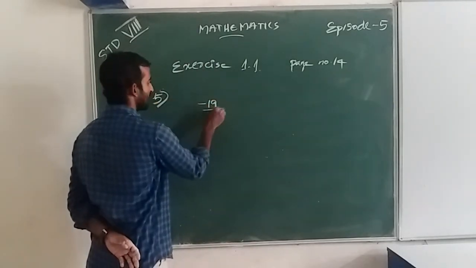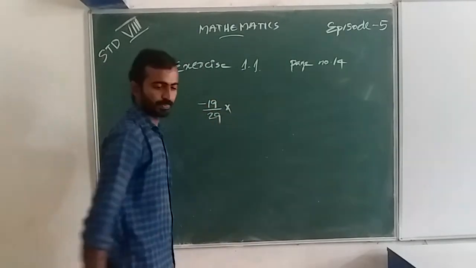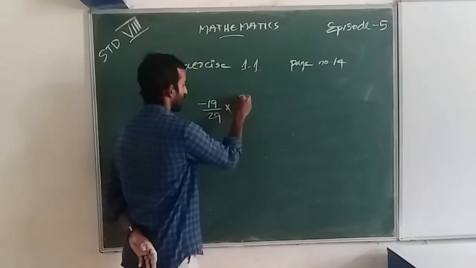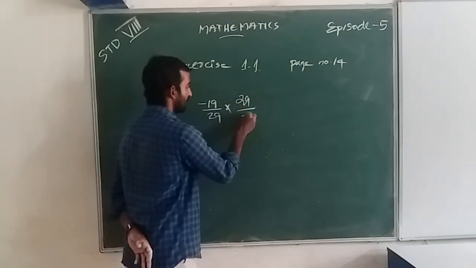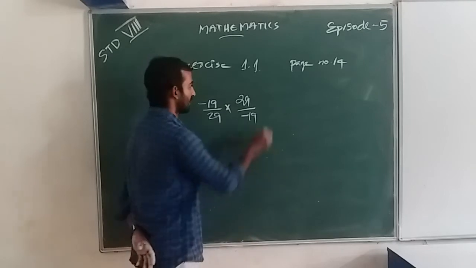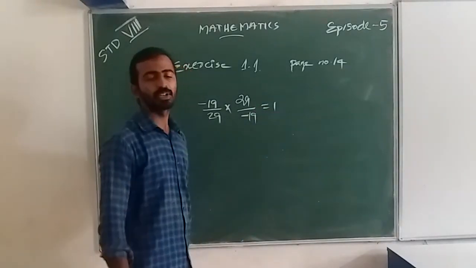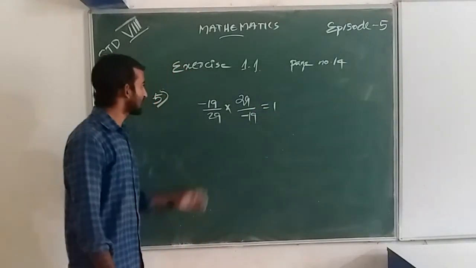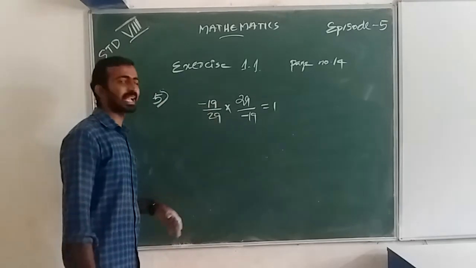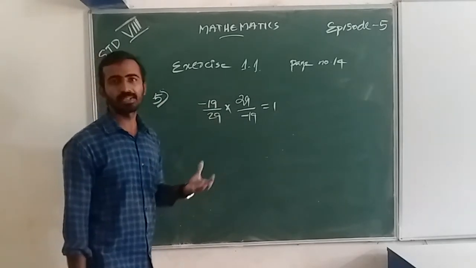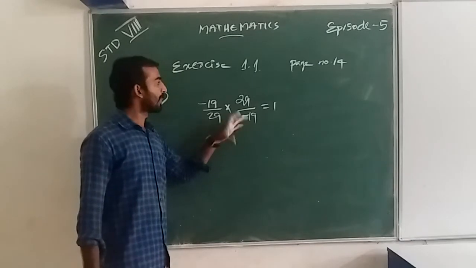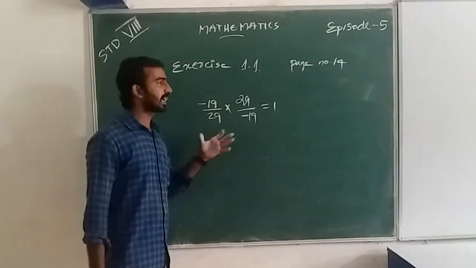Negative 19 by 29 into 29 by 19 equal to 1. Here we can see the first rational number is negative 19 by 29 and the second is 29 by negative 19.